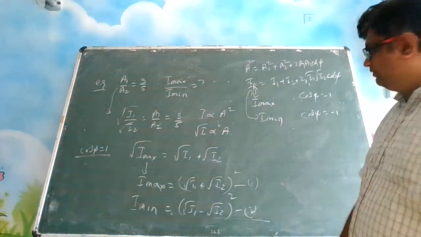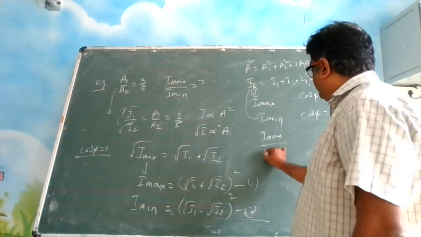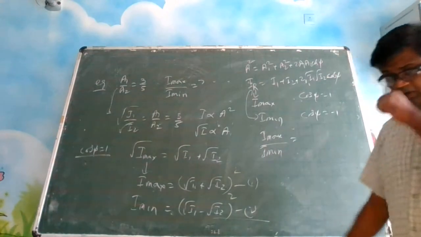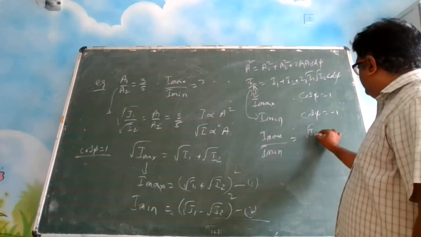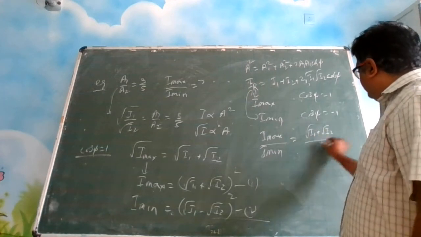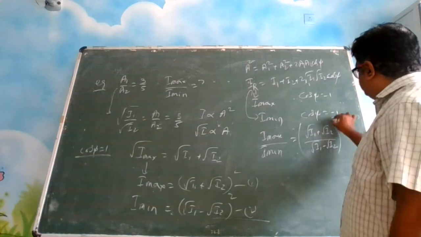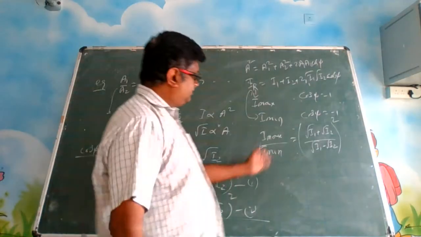Equation 1 divided by equation 2, you will get I max divided by I minimum. So this will become root over I1 plus root over I2 divided by root over I1 minus root over I2, whole square. Both are squares. So this is what you got.